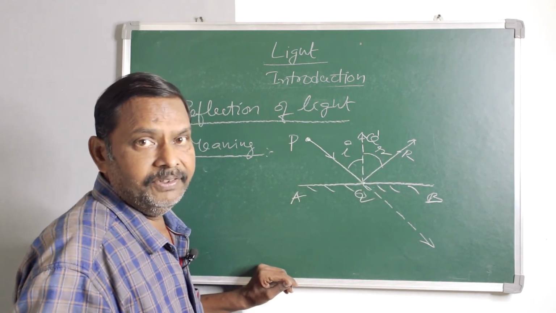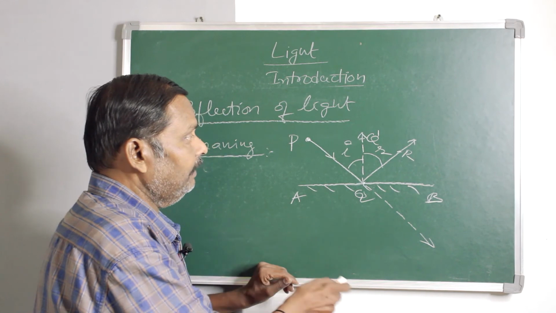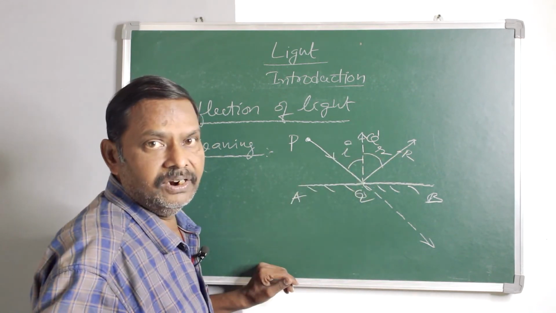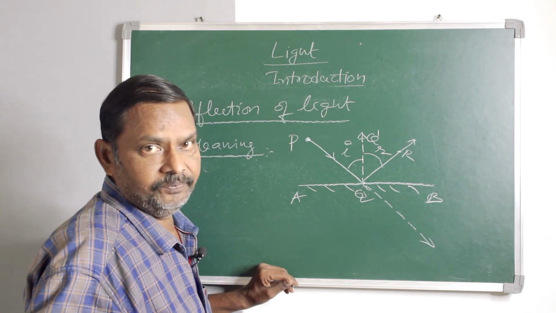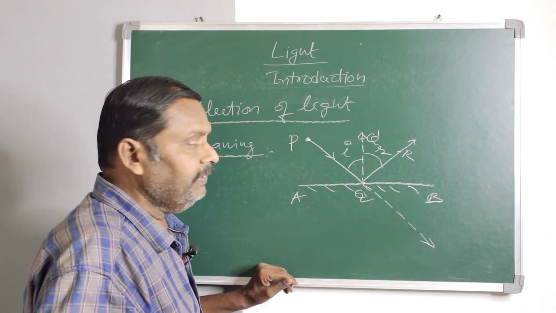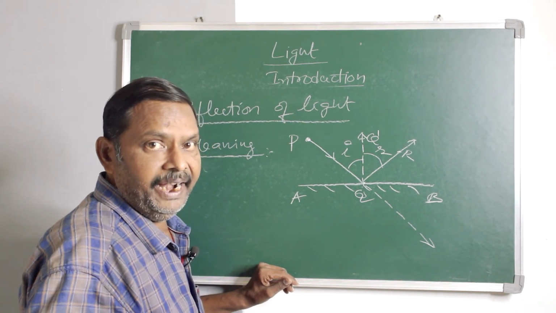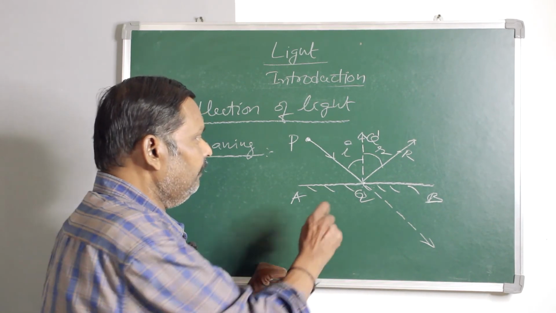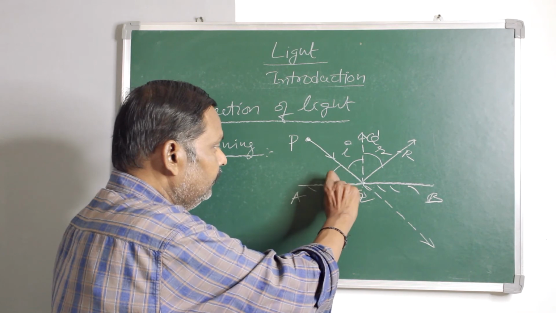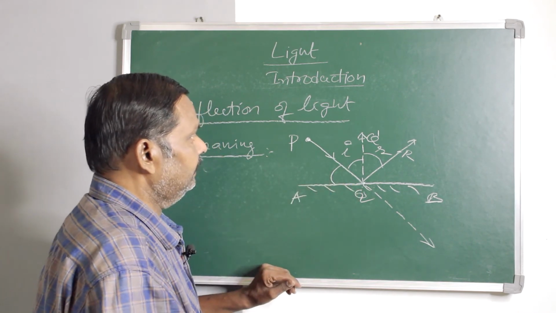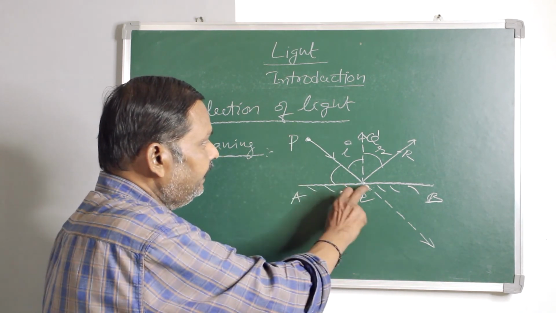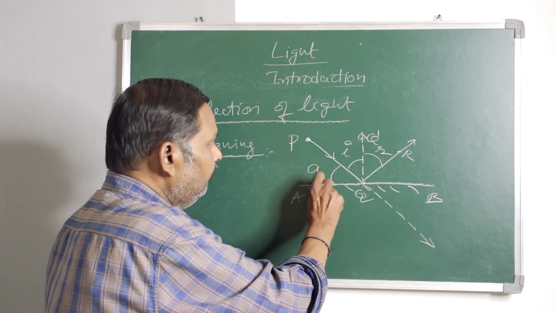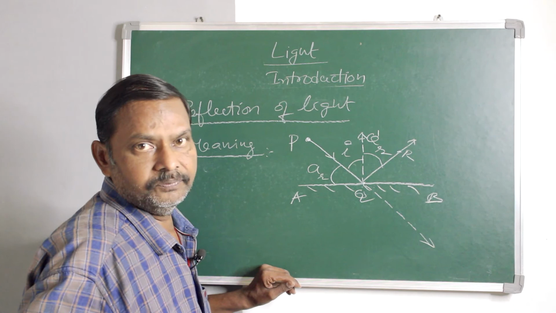And the angle between reflected ray and normal, angle RQQ dash, this is called angle of reflection. So, angle between reflected ray and normal is called angle of reflection. And of course, this angle between incident ray and opaque surface is called angle of repose.